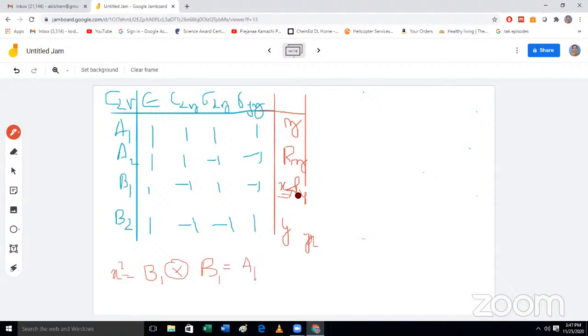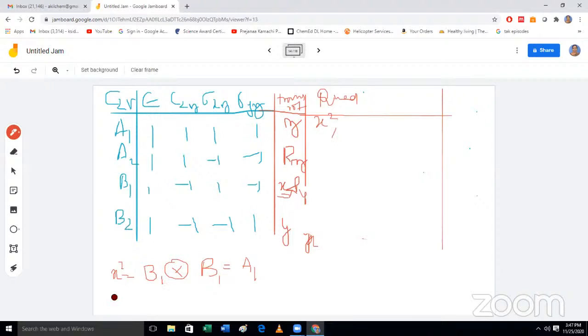So A1. So where should we write this x squared? We write it here. Okay? Now this third one is the translational rotational functions. This one is quadratic functions. Okay, x squared should be written.